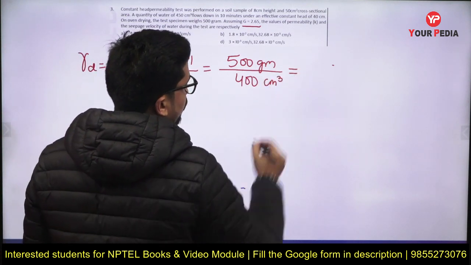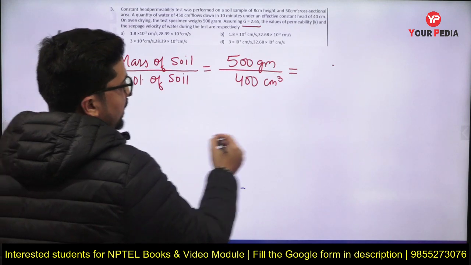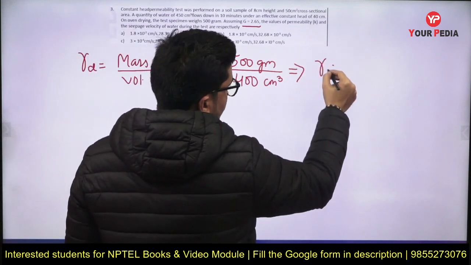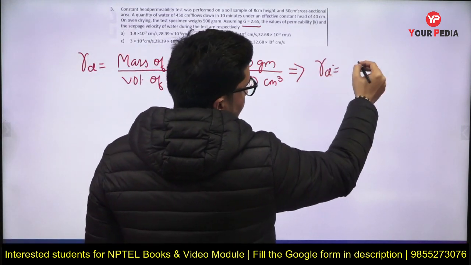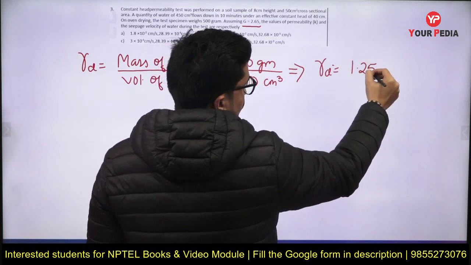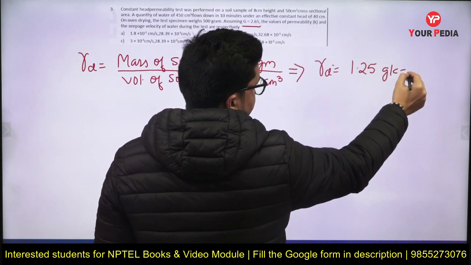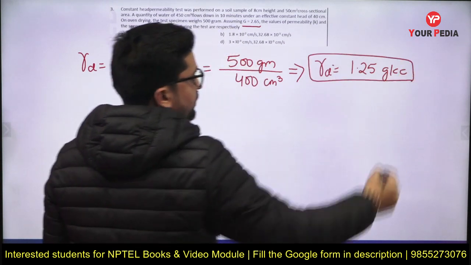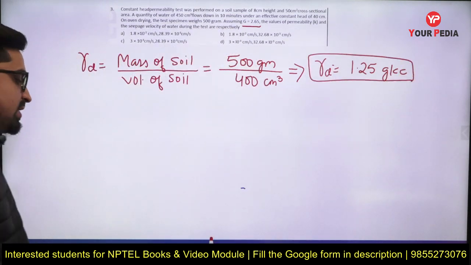So from this you will get the value of gamma d: gamma d will become equal to 500 upon 400, that is equal to 1.25 gram per cc. Correct? So now we have the gamma d value of the soil sample.